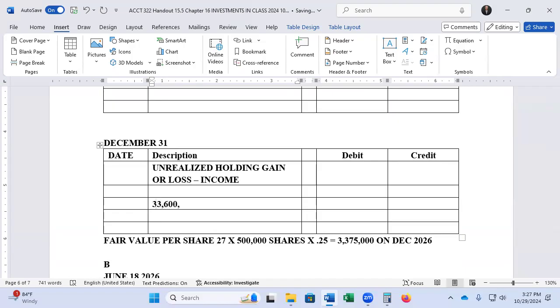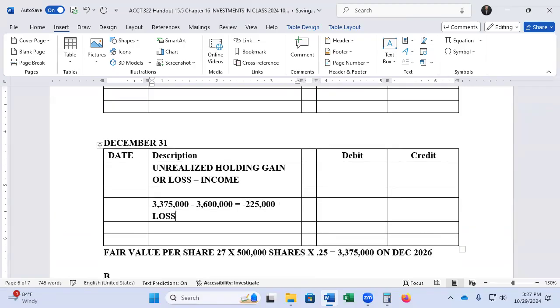And I like to put this the other way. So the current value now, 3,375,000 minus 3.6 million, so that equals negative 225,000. And so that's a loss. So we have 225,000 loss, and then we have a fair value adjustment for 225,000.